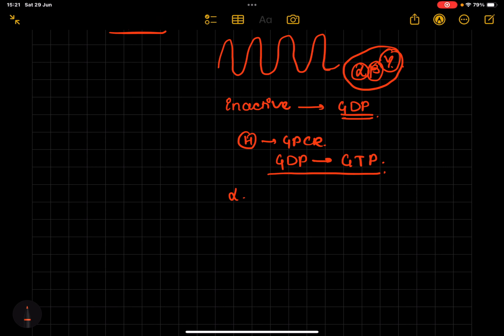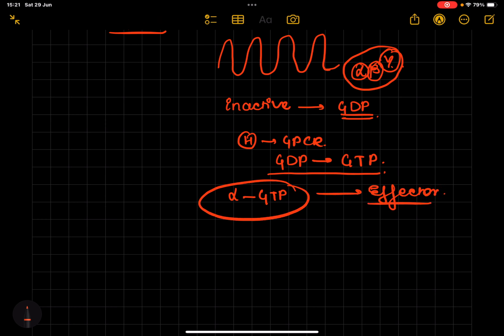Now the alpha and GTP bind to the effector. These effectors are cAMP, cGMP, and IP3 DAG.